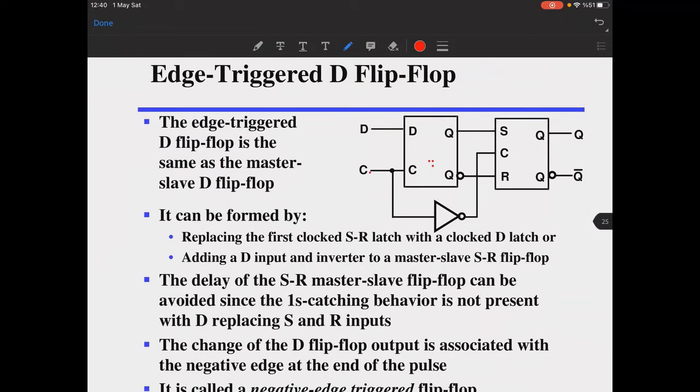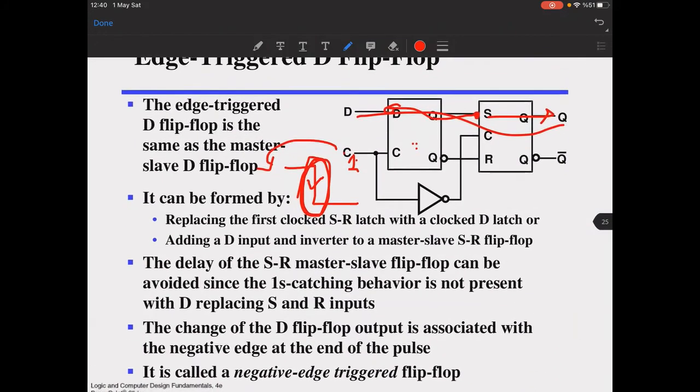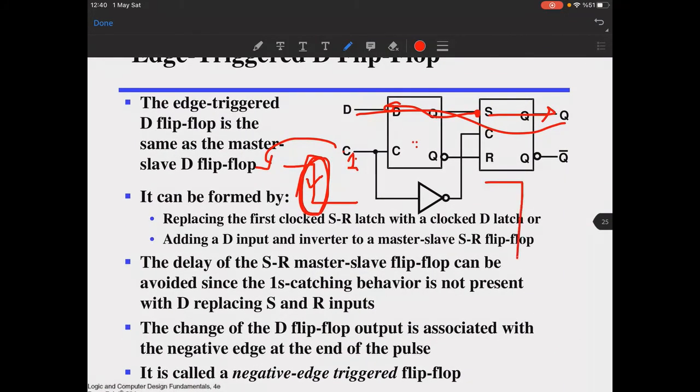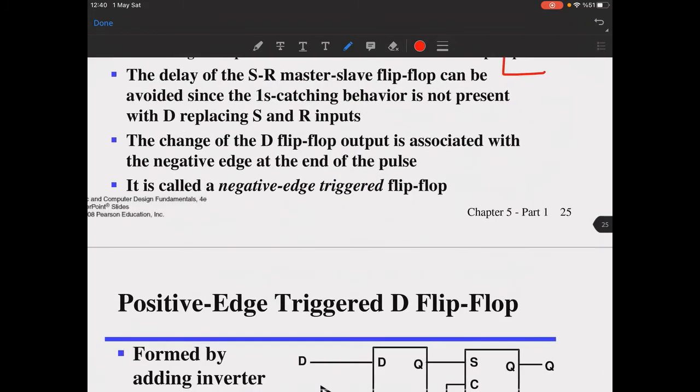When S is 1 here, this one will transfer its value here, and when S is 0 here, this one. At this particular falling edge of this clock signal, the transition will occur, and this is called a negative edge. Look at this, it's a negative edge triggered flip-flop.